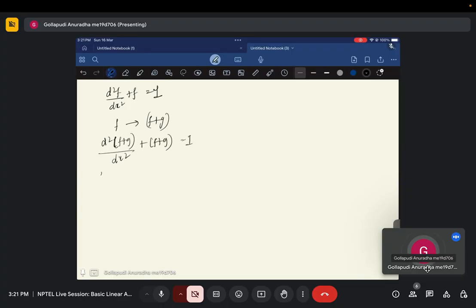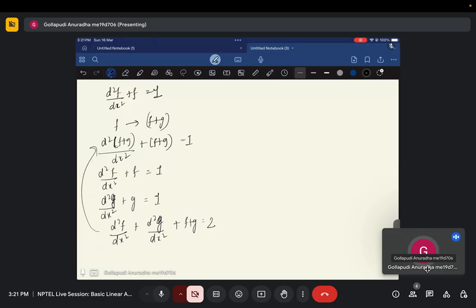But when you have d square f by dx square plus f is equal to 1, and d square g by dx square plus g is equal to 1, when you add them, you'll be getting d square f by dx square plus d square g by dx square plus f plus g as 2. But when you bring it in this form, you'll be getting 1, which is 2. So it's not possible. So it's not a vector space.